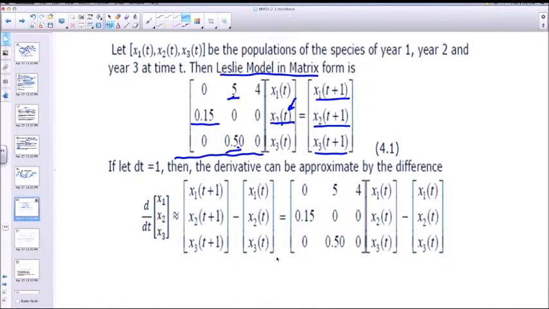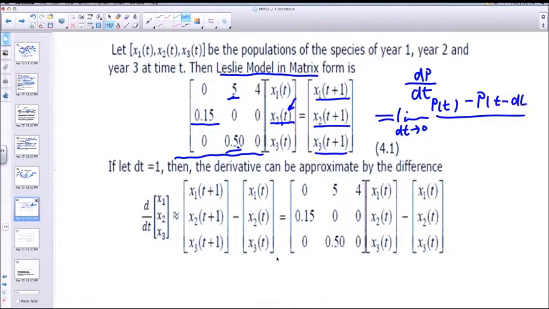All you need to remember is the derivative, by definition, equals the limit as dt goes to 0 of p right now minus p a moment ago, divided by dt. Well, if you let dt be 1, you say you want dt to go to 0, how can you let it be 1? It depends.